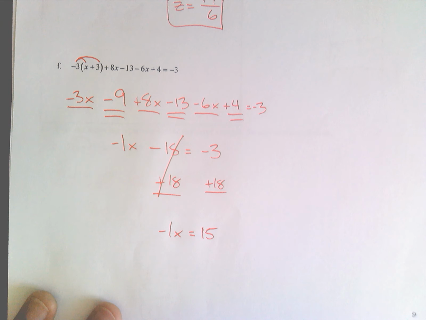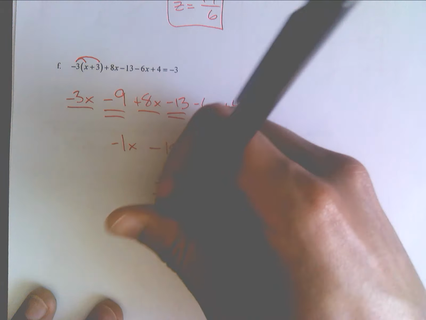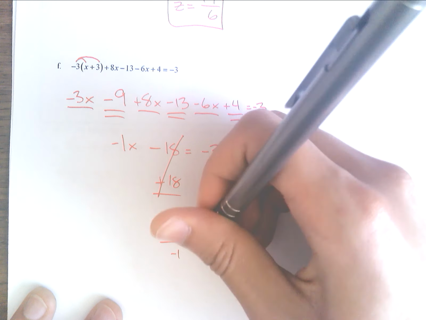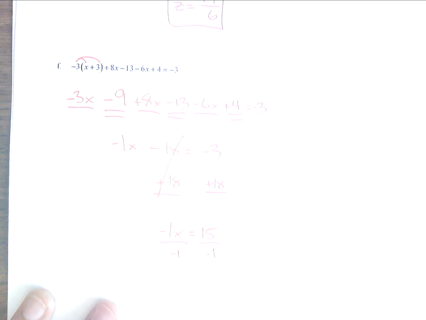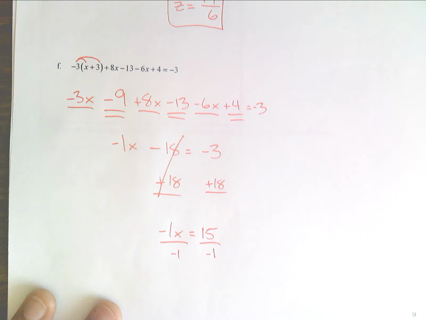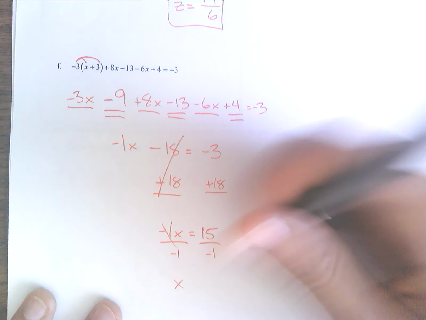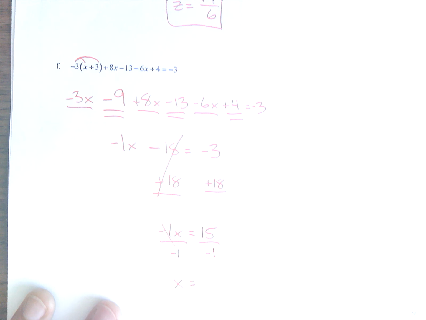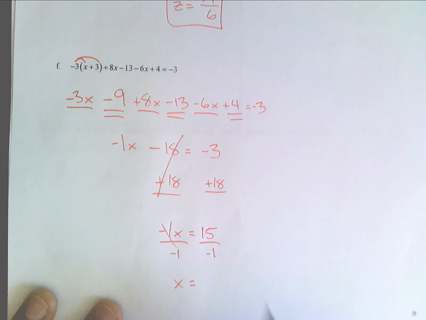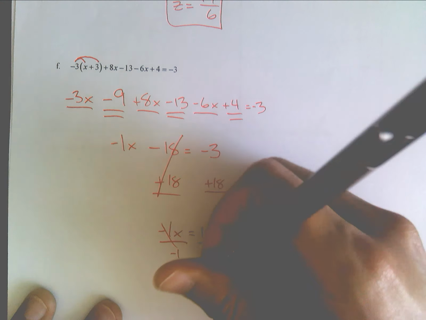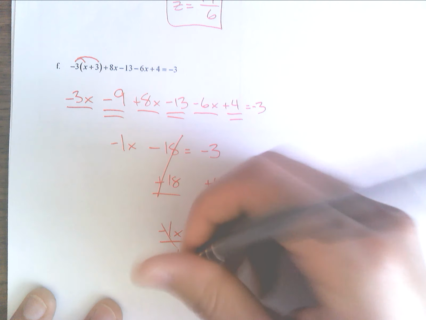So instead of adding 1, we're going to divide by negative 1. So we're going to divide both sides by negative 1, and that's how we get that to cancel. All that's left now is our x equals, well, 15 divided by negative 1. You can plug that into your calculator, or you might know that 15 divided by negative 1 is negative 15. And that's our answer.